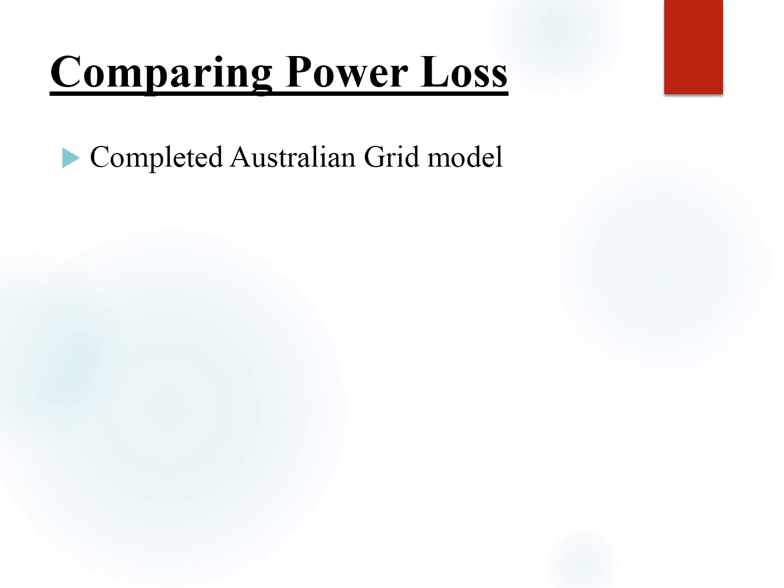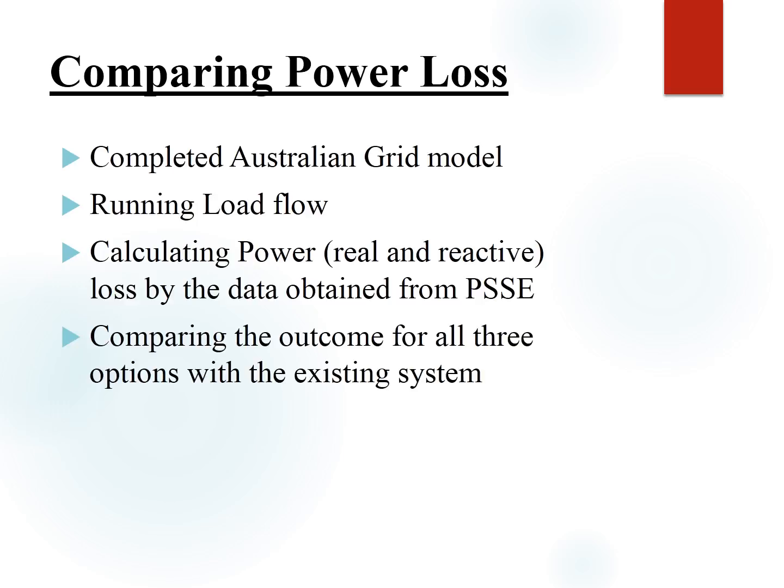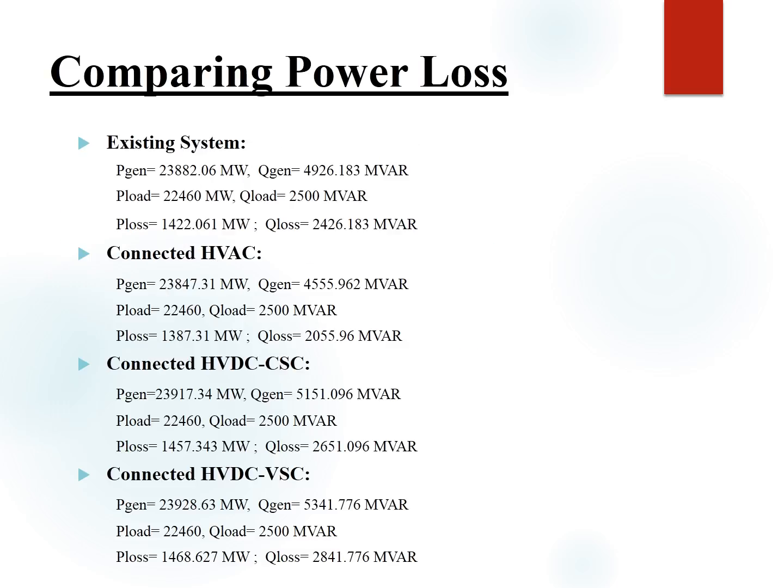We also got the total consumed real and reactive load by the system. Then we connected South Australia and Queensland by all three transmission options and obtained the same power loss data for each of the options. Here we can see the power loss data for each of the transmission options.